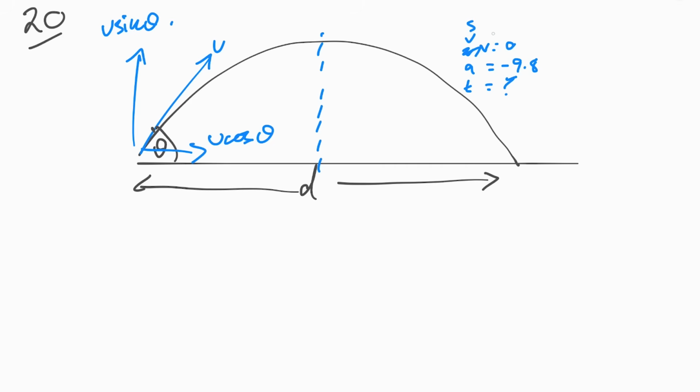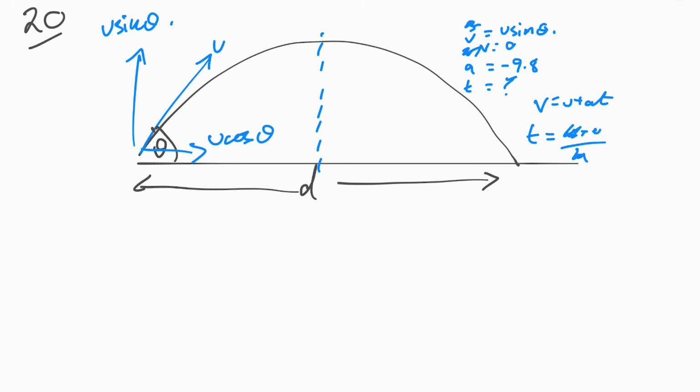So I'm going to say v is 0. s, we don't care about that. So u is u sine theta. We're going to use v equals u plus at, so t is equal to v minus u over a. This just ends up being 0, so it just ends up being that.